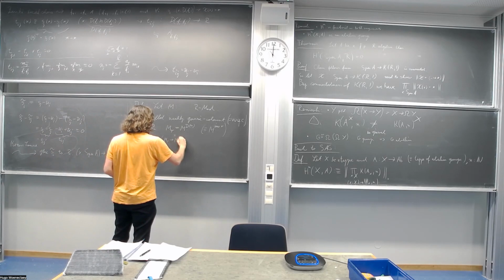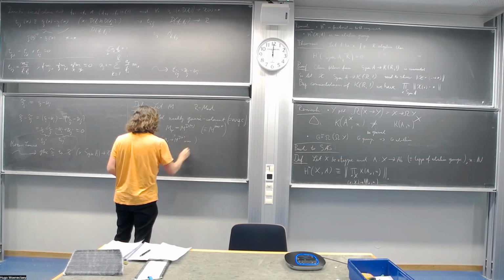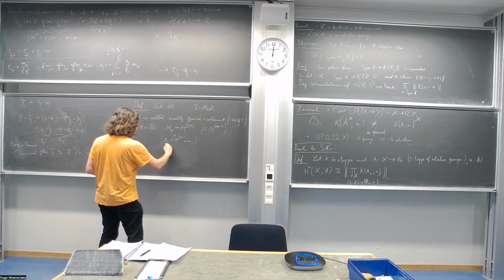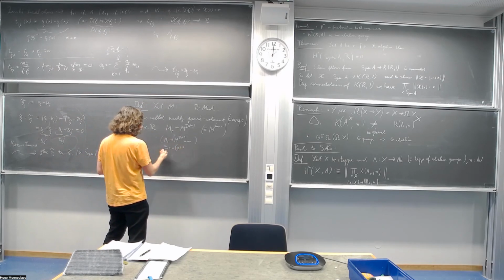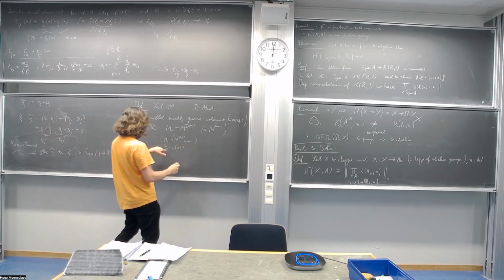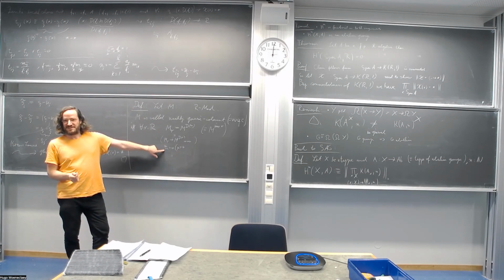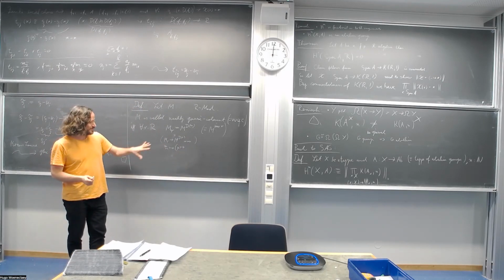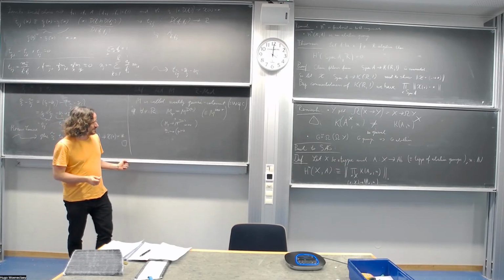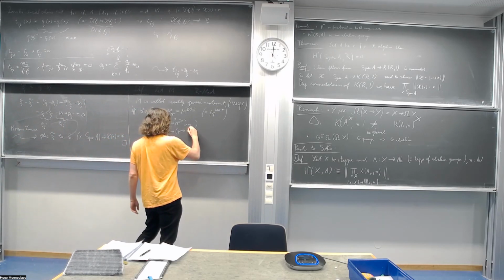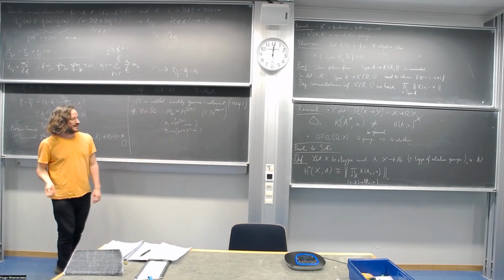The canonical map is an isomorphism. The canonical map works by this: if you have a proof that r is invertible, then you can eliminate the denominator and produce some element. So then it's just r to the minus n times m, which is pure.